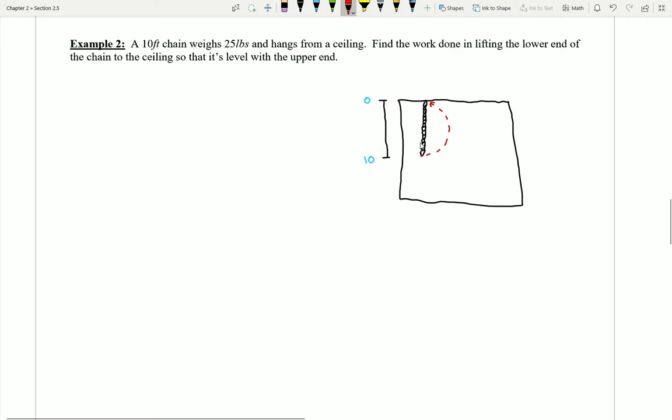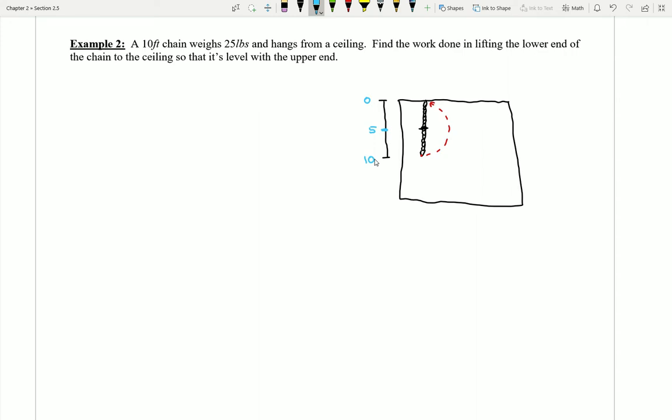So at the end of the day, the bottom portion of the chain that's hanging down would be existing, maybe somewhere around here. This is where the chain would fold in half. Now, hopefully you'd be able to determine what value on the number line that would be at. Well, that's probably going to be at the value of 5, right? Because if I'm folding in half, I've got to be halfway in between.